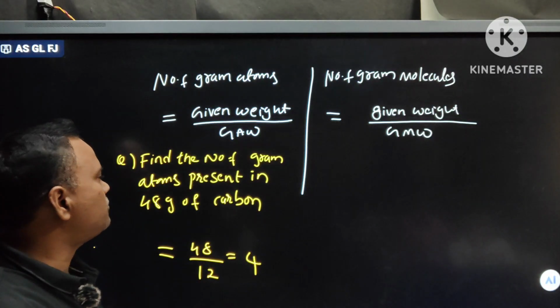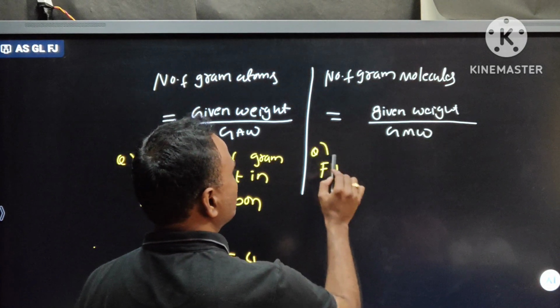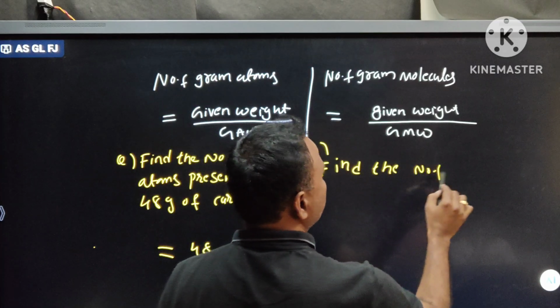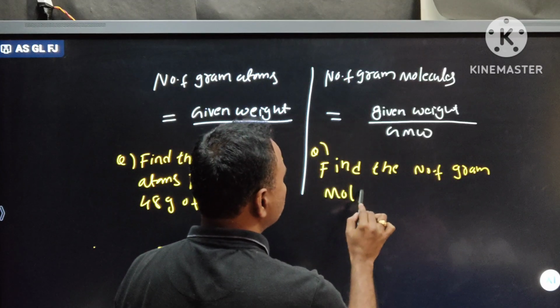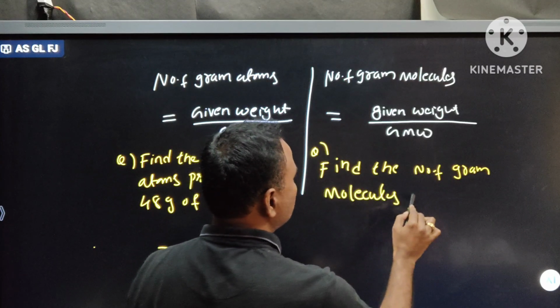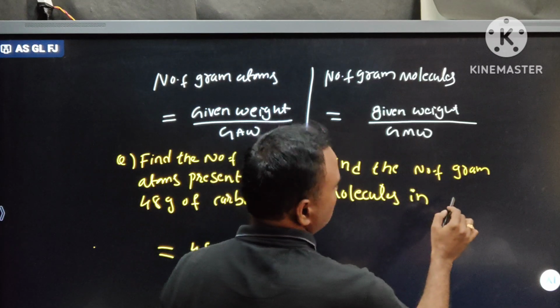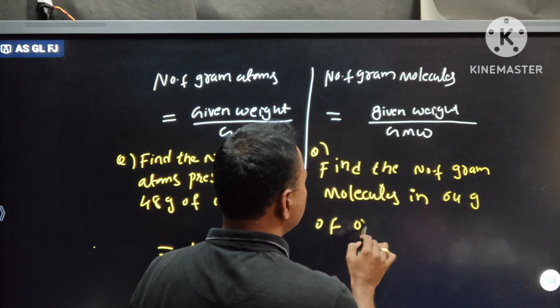Find the number of gram molecules in 64 grams of oxygen.